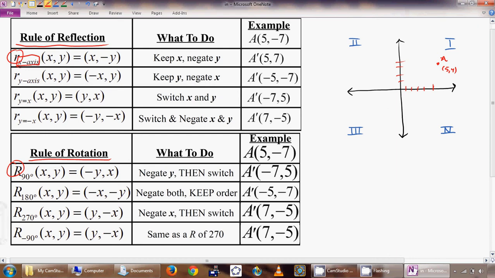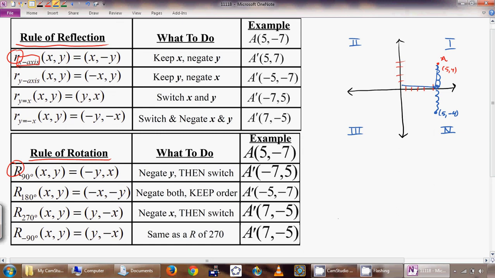So if I'm reflecting across the x-axis, I'm going down to the x-axis. I'm going down 4, 1, 2, 3, 4. Then I have to go down 4 again. You can see that my x, my horizontal, stays the same, but my vertical is what changes.